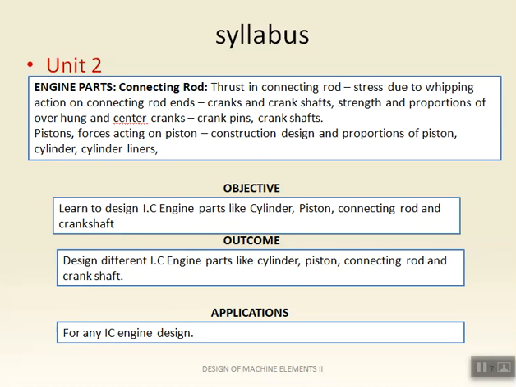An engine has a lot of parts, but in this unit we are going to learn about the cylinder, piston, connecting rod and crankshaft. So after completion of the unit, a student will be able to design different engine parts like the cylinder, piston, connecting rod and crankshaft. Right? That is unit number two.